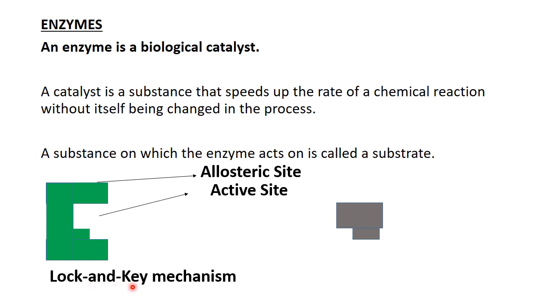Each lock has its own key. The shape of the key is related to the shape of the lock, or the point where you insert the key in the lock. So this is the part where you insert the key, and this is the key. This is how the lock and key mechanism works. The substrate will come here like a key and will fit here. That's when the enzyme will act on the substrate.